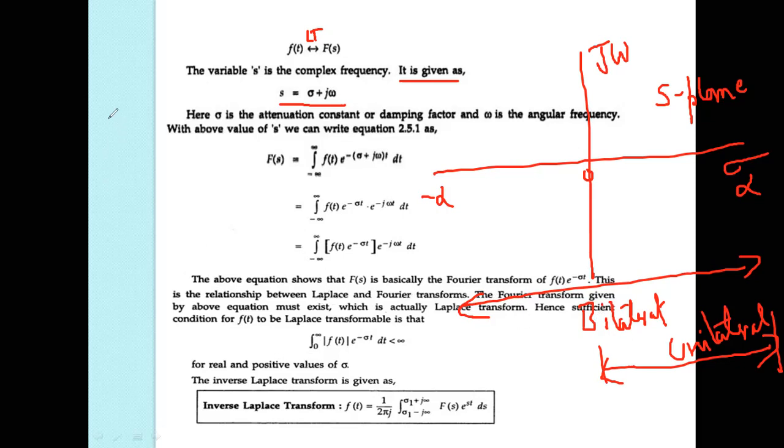How is it? What is the Fourier transformation formula? X of omega is equal to the integral from minus infinity to infinity of x of t e power minus j omega t dt. Got it, my students?